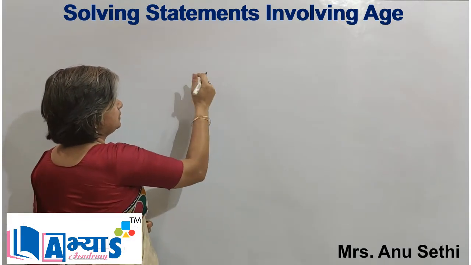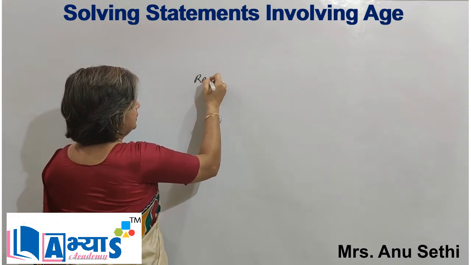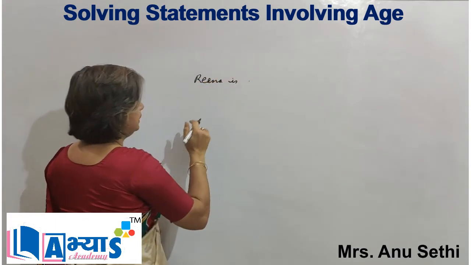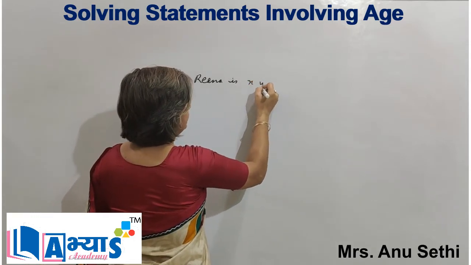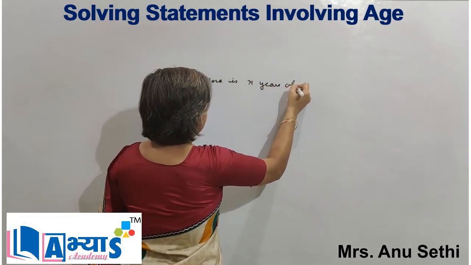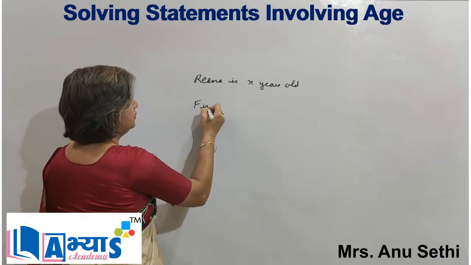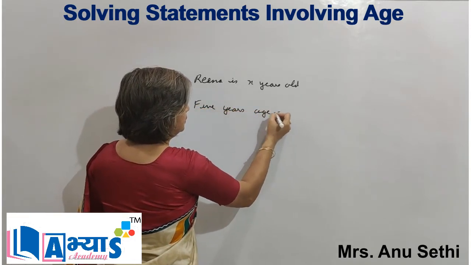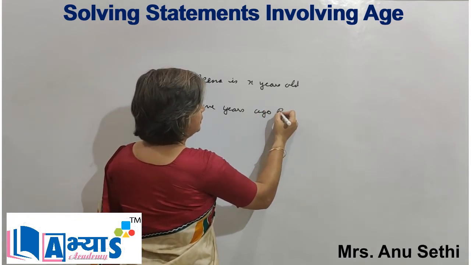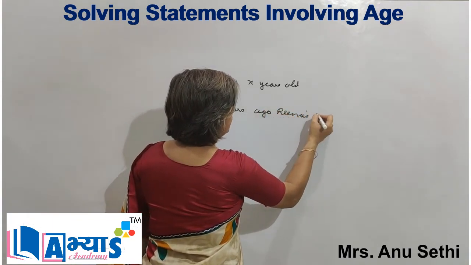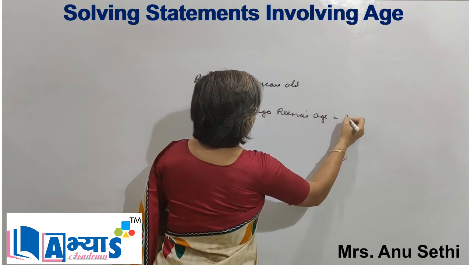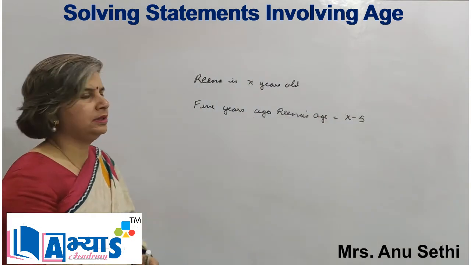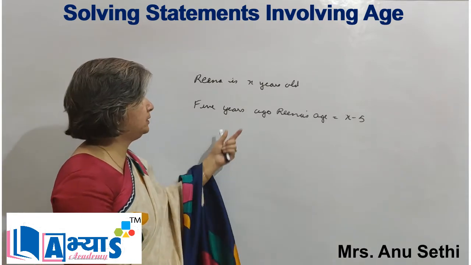Suppose it has been given that Reena is x years old. Then 5 years ago, Reena's age was x minus 5, because we are considering the age some years before, that means ago.